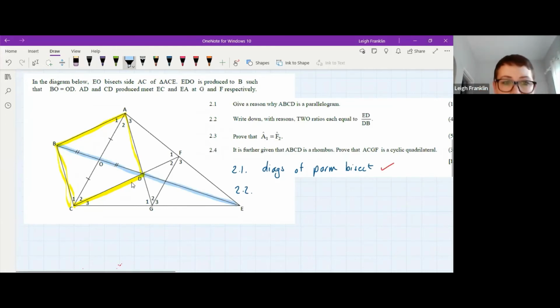Remember, ABCD is a parallelogram. So that means that side AB is parallel to side CD, hint, hint, hint. And it also means that side AD is parallel to side BC, sorry, beg your pardon. Yes, BC.